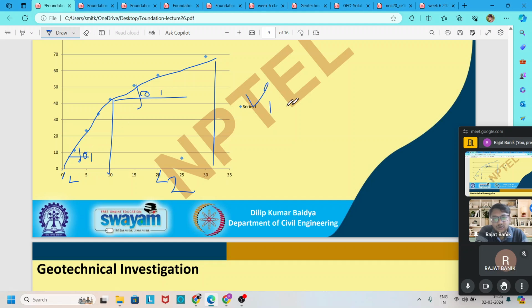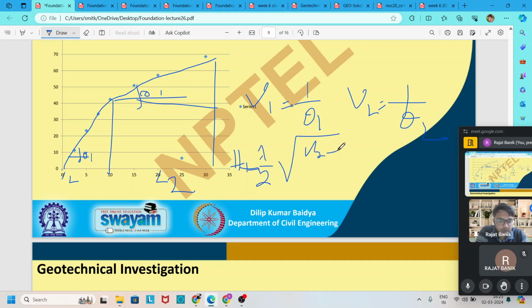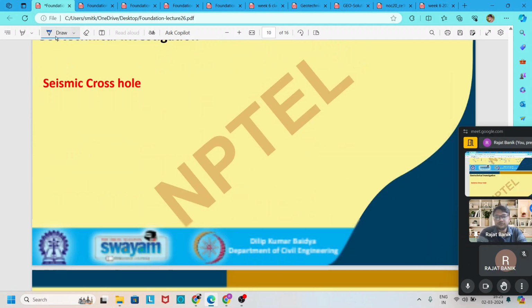The inverse of slope 1 gives V1, the inverse of slope 2 gives V2. After finding V1 and V2, we find the thickness of the first layer, half into root over (V2 minus V1) divided by (V1 plus V2). Like that we solve the problem.